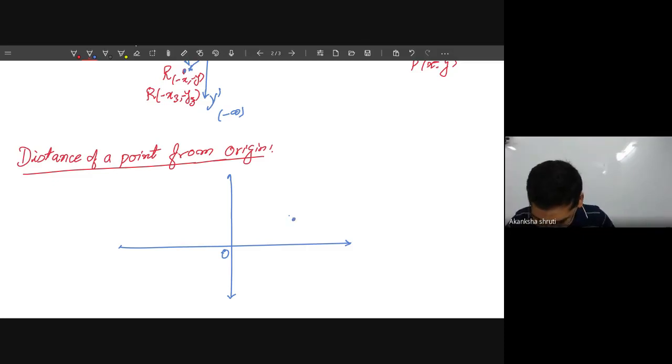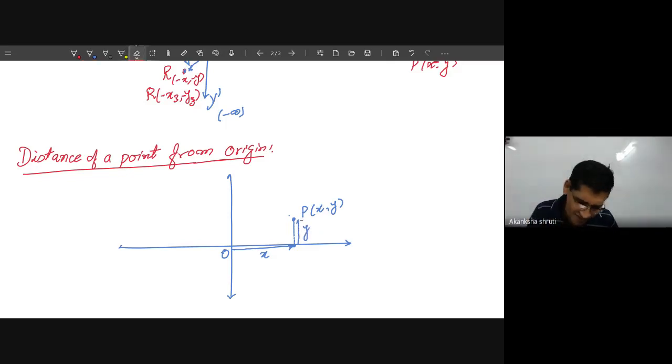So let us take this point P. Let X and Y be the coordinates of this P. It simply means if we drop a perpendicular from this P on the X axis, then the distance of this point on the X axis from the origin is going to give us X. Then moving upward from here, we are going to get this as Y. It is like this one.